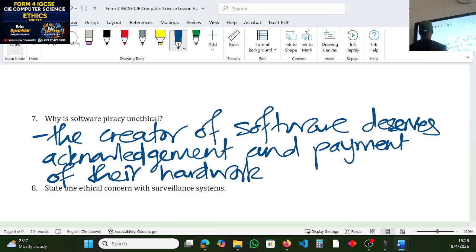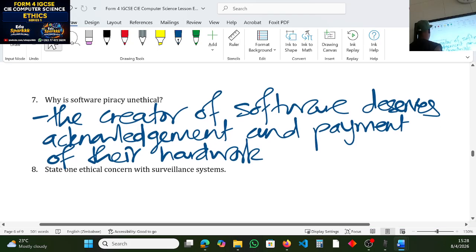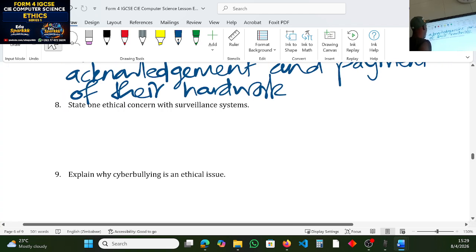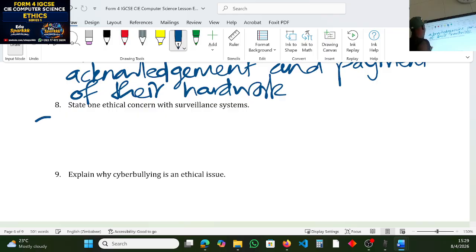So if someone is pirating, then it means they are bypassing or ignoring that area. So it leads to unethical issues within the computer system.